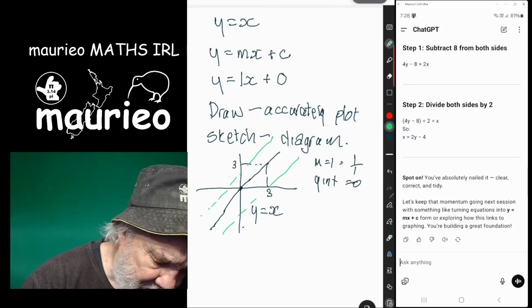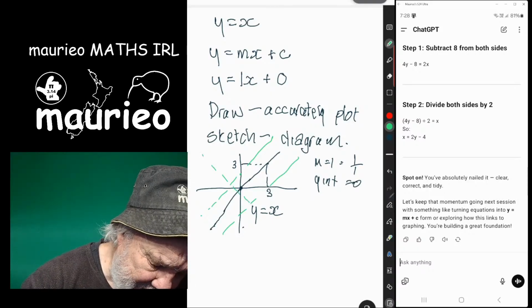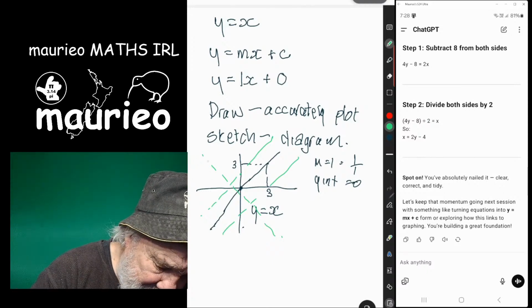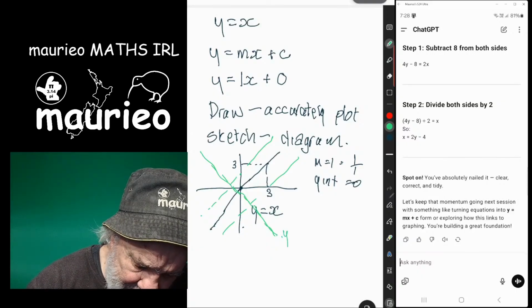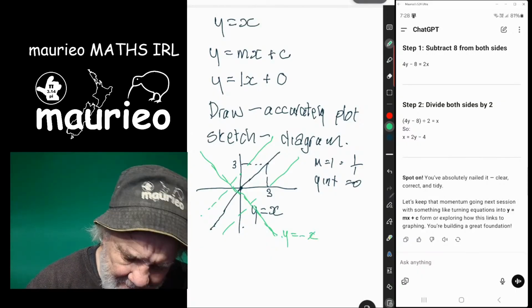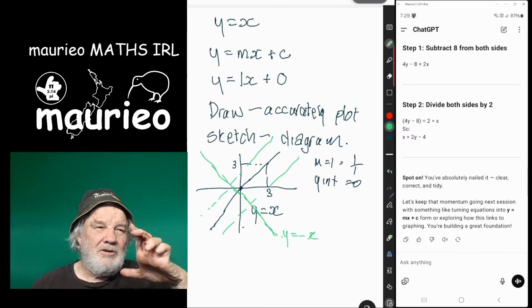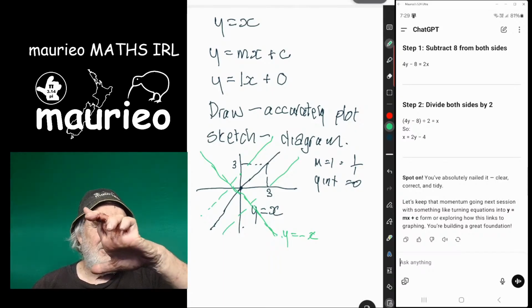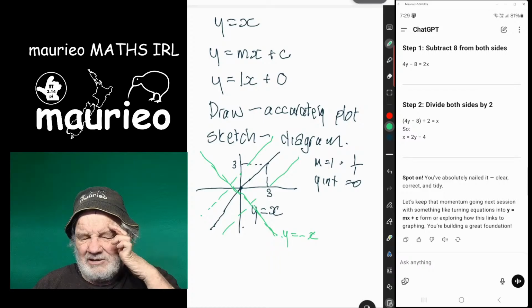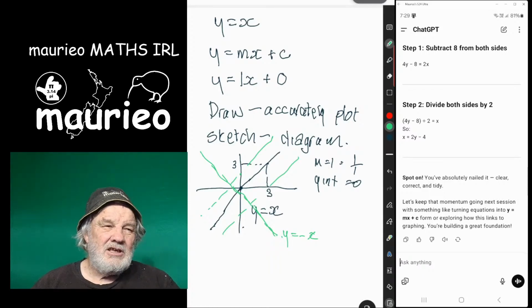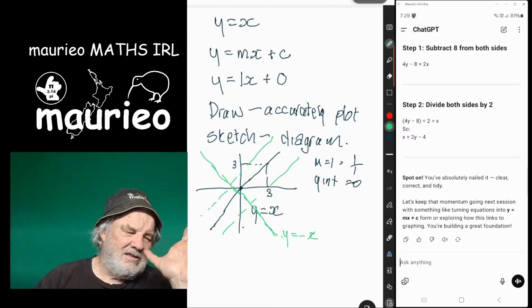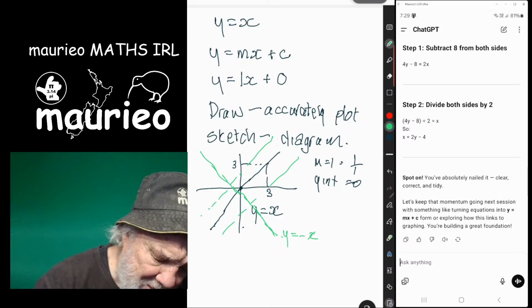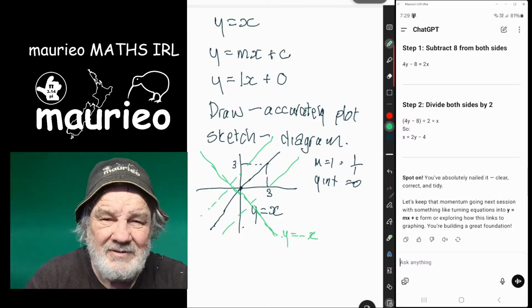We can make it go at right angles, through the middle there, and that would be y equals negative x. So with these slopes, if the slope is increasing from left to right, a forehand slope, that's a positive slope. If it's decreasing from left to right, a backhand slope, that's negative. So that one is y equals plus x, and that one is y equals negative x.